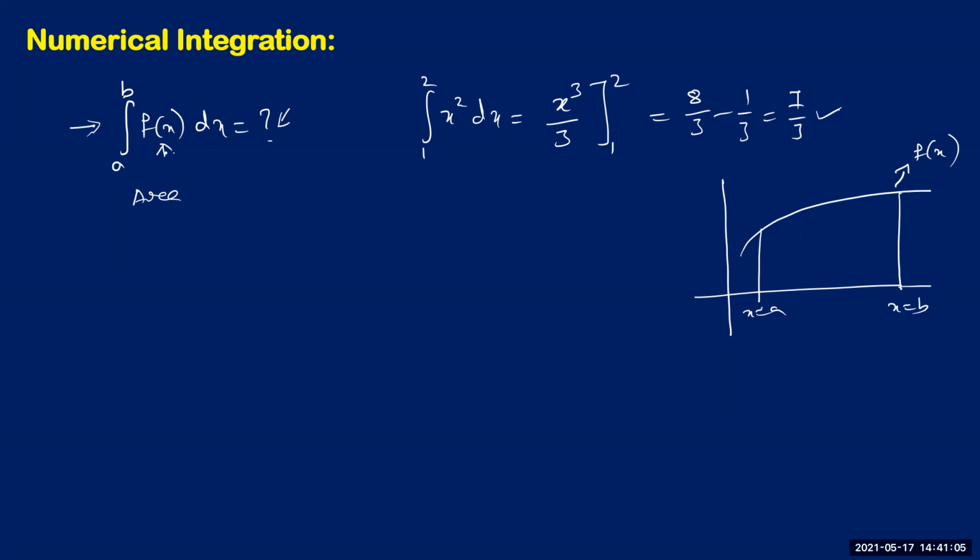If this function f of x is positive for all values of x between a and b, it means geometrically that the graph of f of x is completely above the x-axis, right? When it is completely positive for all values of x between a and b, then when you evaluate this definite integral, it calculates the area between the original function f of x and the x-axis. You will get this area.